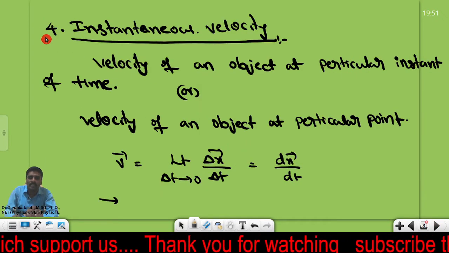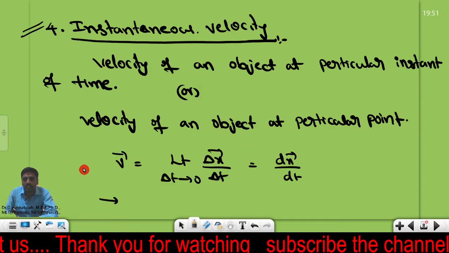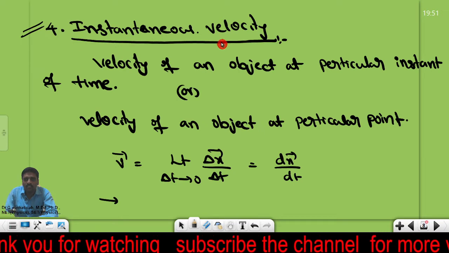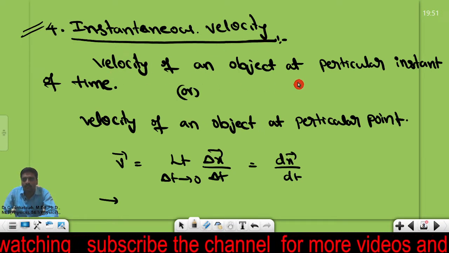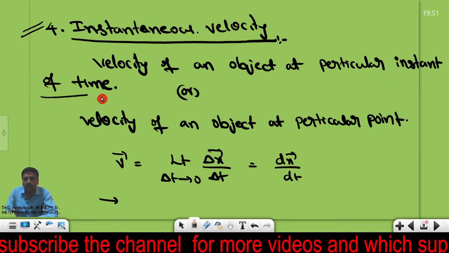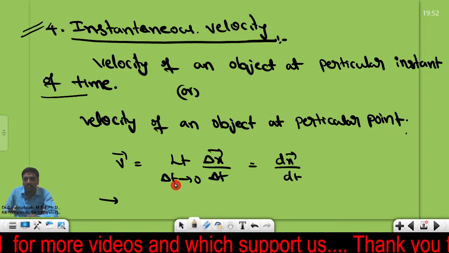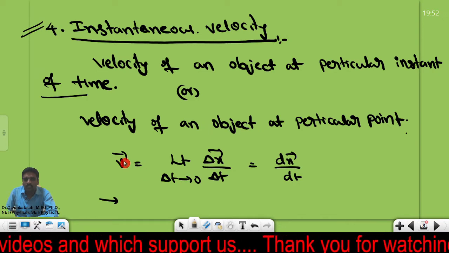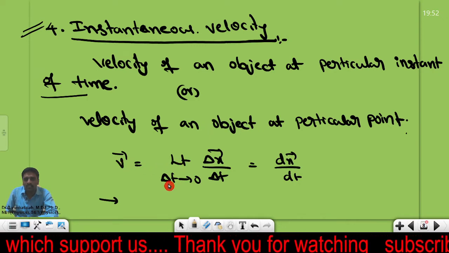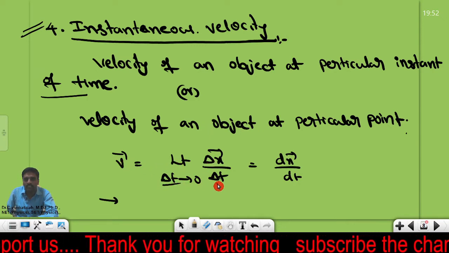So let me go to the instantaneous velocity. The fourth one is the instantaneous velocity. The instantaneous velocity is nothing but the velocity of an object at a particular instant of time, or we can say the velocity of an object at a particular point. It is denoted by the limit as delta t tends to 0 of delta x by delta t.